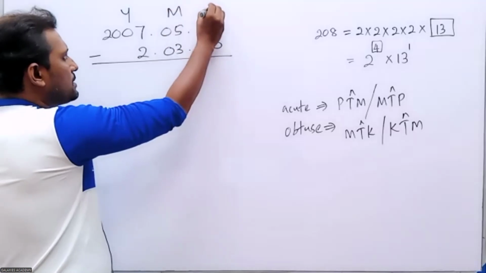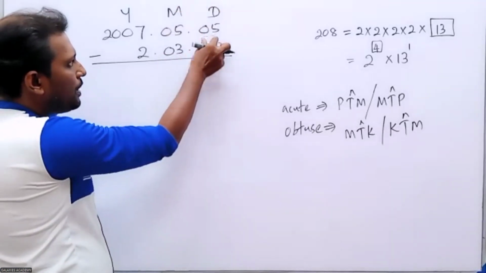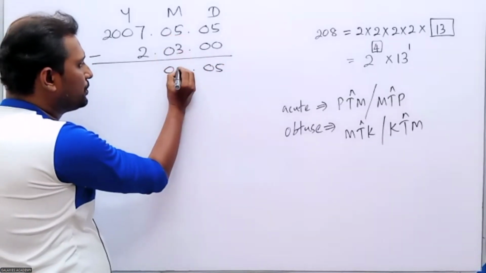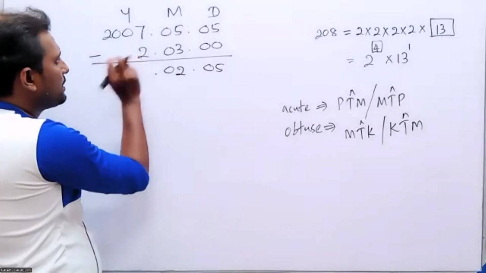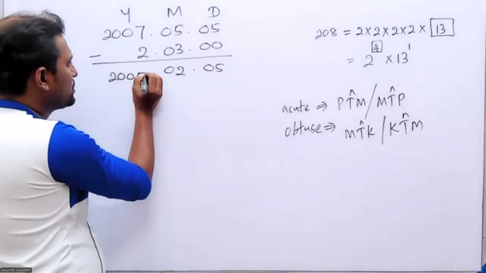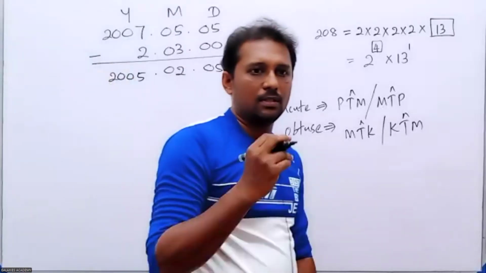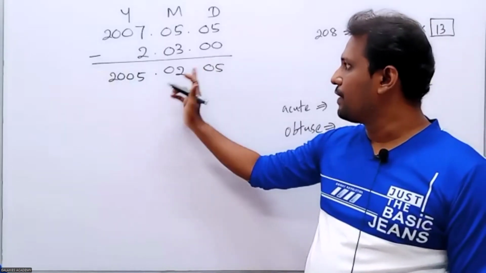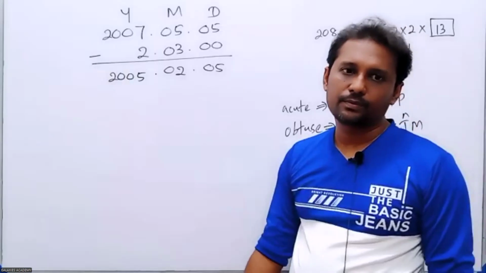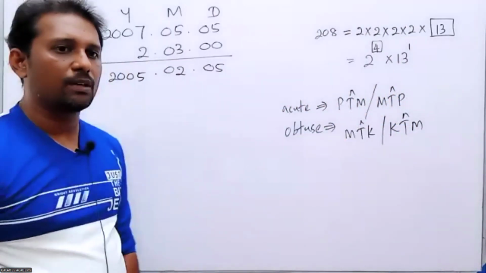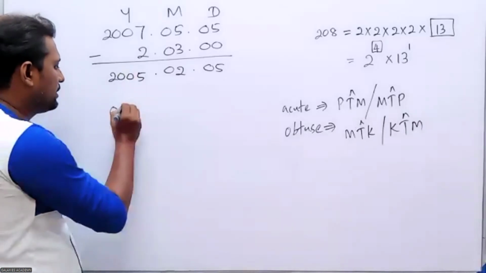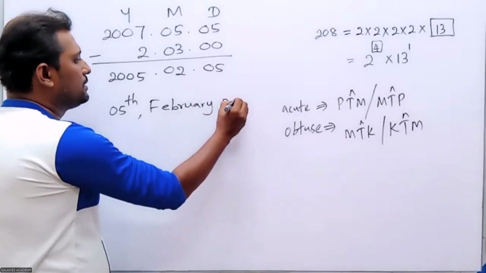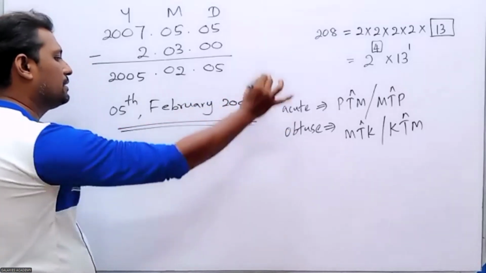Years, months, days, right? 5 minus 0, 5. 5 minus 3, 2. 2007 minus 2, 2005. So what is the birthday of Fatima? 5th February 2005, right? If you want, you can write 5th February in 2005. This is Fatima's birthday.